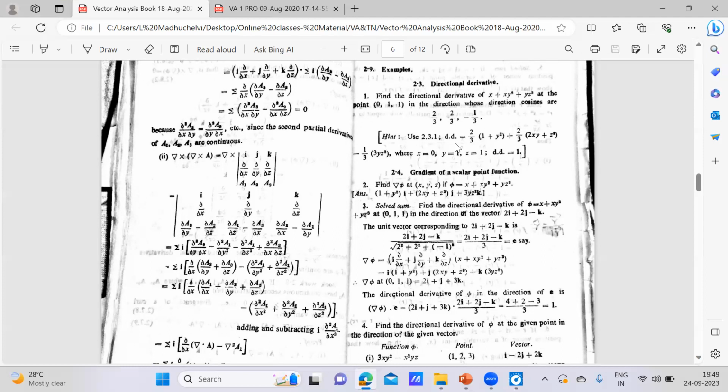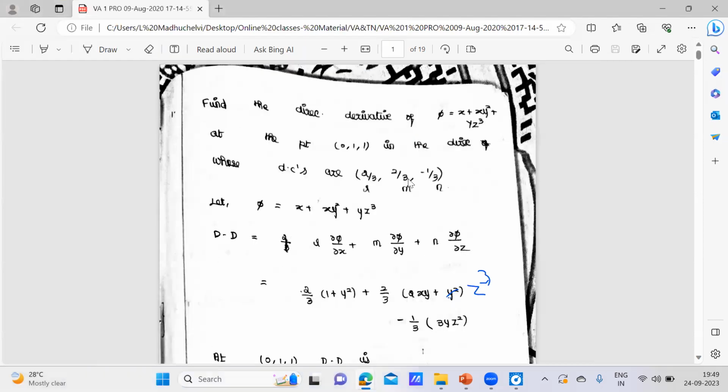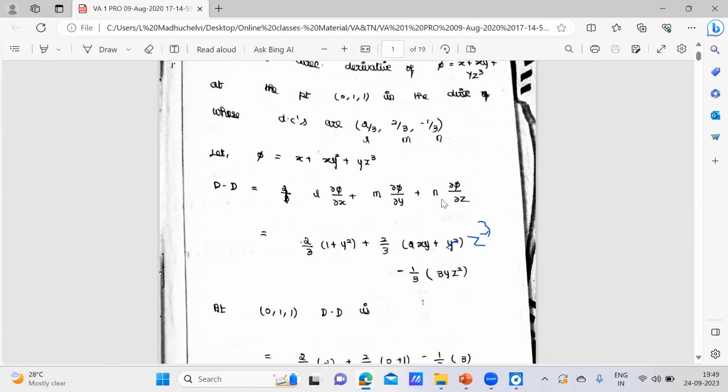So first, the directional derivative of phi equal to x plus xy squared plus yz cubed at the point (0, 1, 1) in the direction whose direction cosines are 2 by 3, 2 by 3, minus 1 by 3.